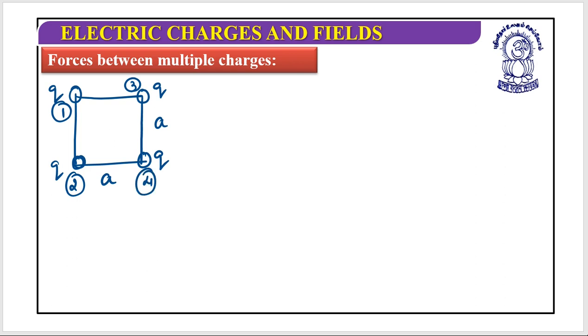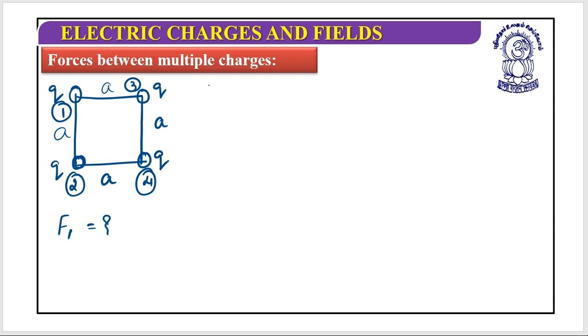Does it clear? Okay, now I need to find out, let's say, the force on the first charge. Think, how should I do it? What would be the situation and how could I calculate it? So what was our first task? We are always focusing first on finding the magnitude.